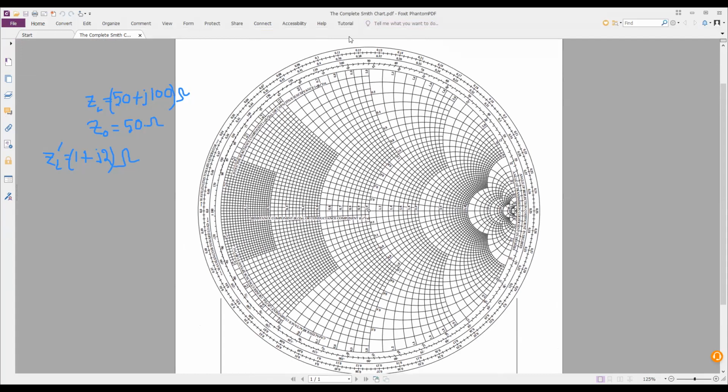Let me show you. One means this circle. Since it is positive, that means it will be in the upper part. So I just take this circle.